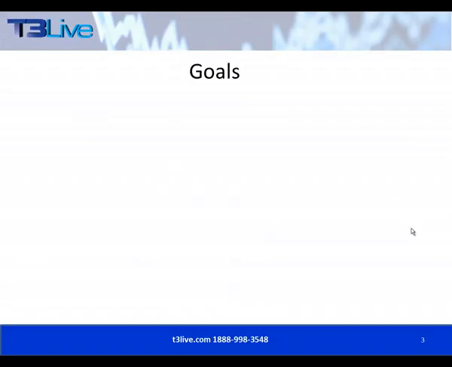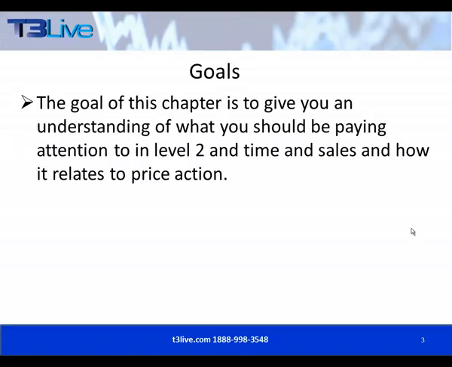Alright, the goals for the tape reading chapter are going to be very, very simple and concise. I am going to do my best to give you an understanding of what you should be paying attention to in level 2. Now, for those of you who may not be sure what level 2 is, it's very, very simple. When you log into your E-Trade or your Schwab account, or even let's say Yahoo Finance, you generally see what's known as level 1.